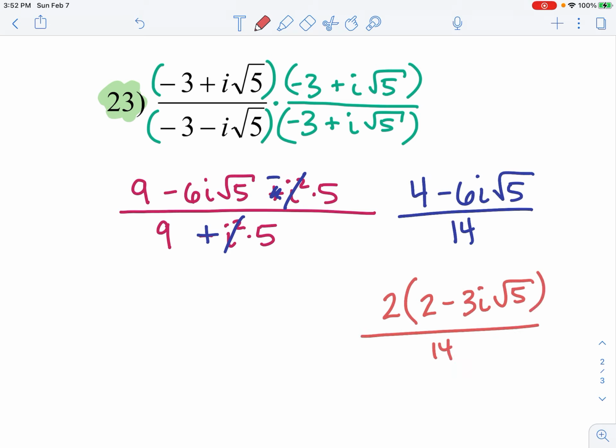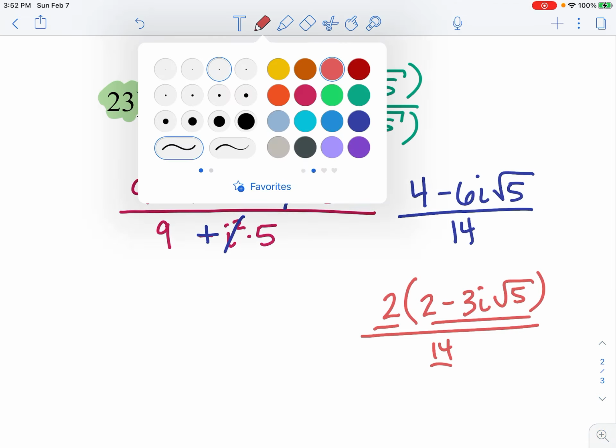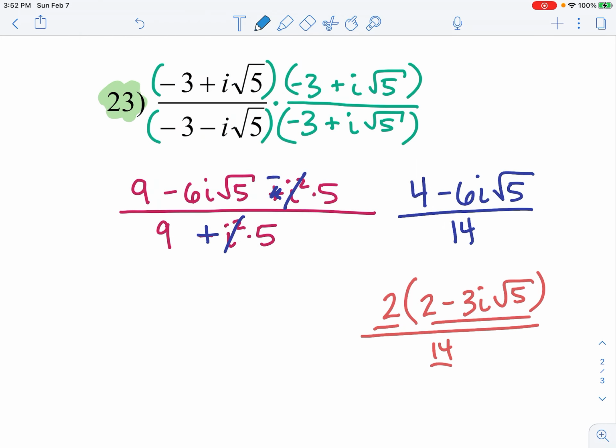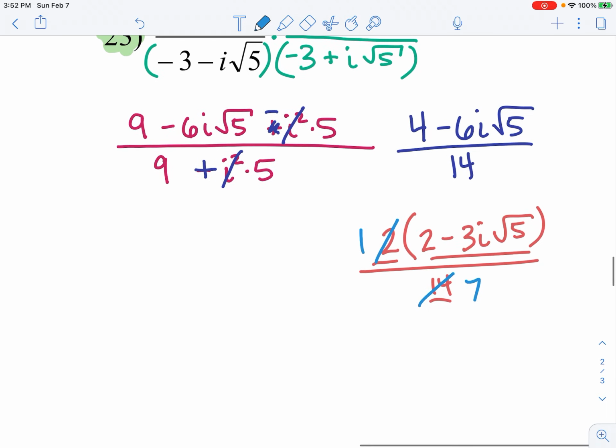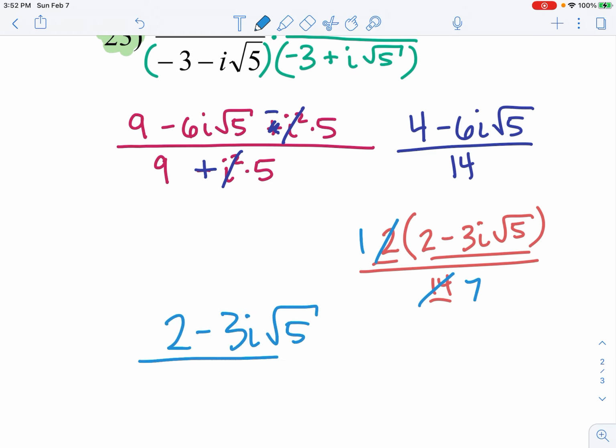I have 2 things multiplied on the top and 1 on the bottom, so now I can cross off anything that's the same on the top and the bottom. In this case, it's 2. 2 goes into 2 once, into 14 7 times. And so my final answer here is my entire numerator, which was in parentheses. You can leave it in parentheses if you want, all over 7.